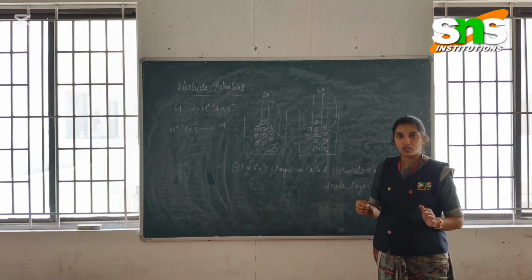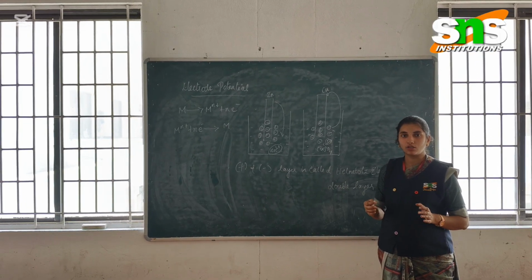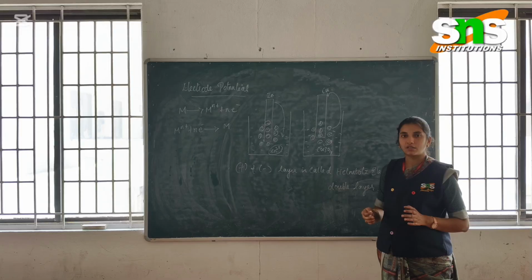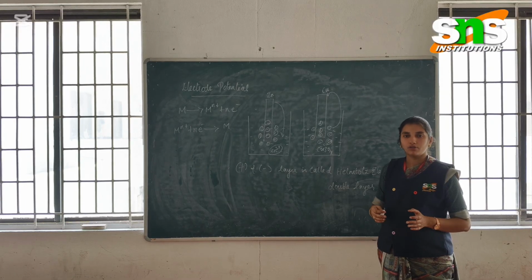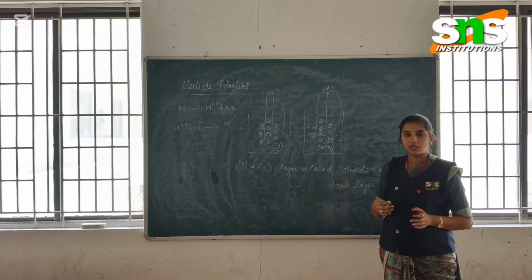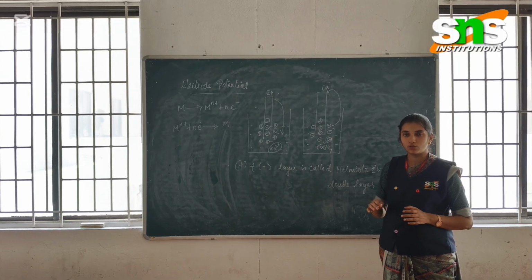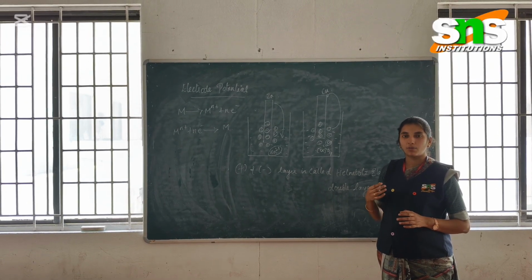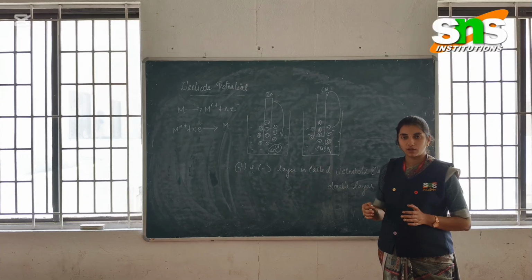So both the oxidation and reduction processes are carried out in these reactions, through the loss and the gain of electrons. Whenever electrons are gained or lost, the potential is developed using the positive and negative terminals.